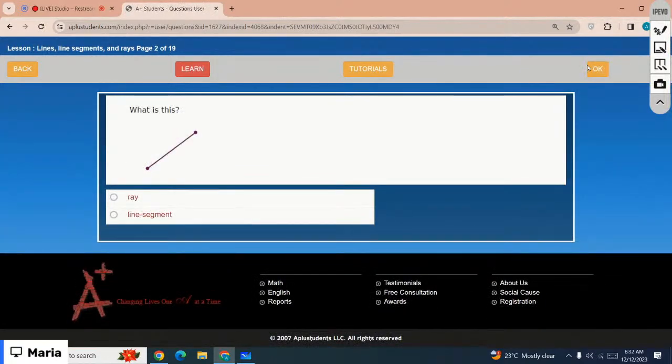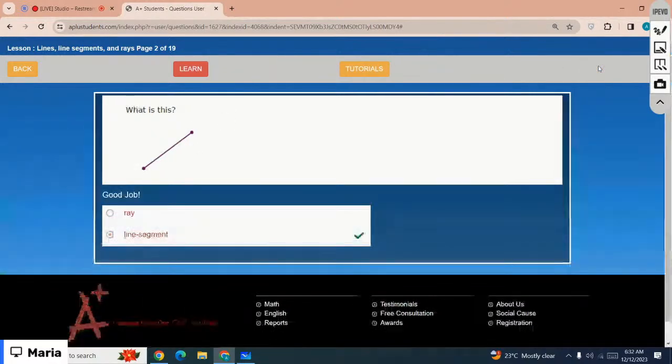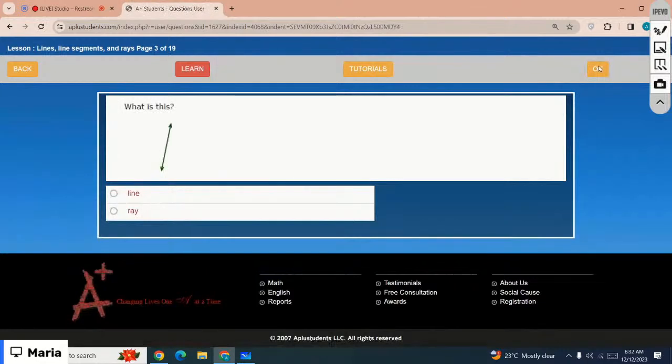What is this? Ray, line, segment? That is the line segment, right? Okay, what is this?